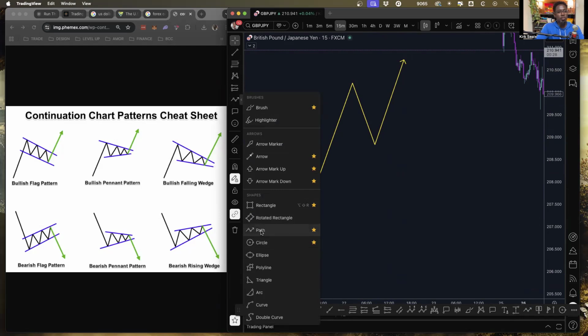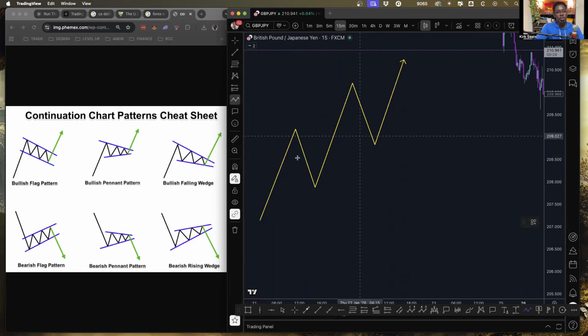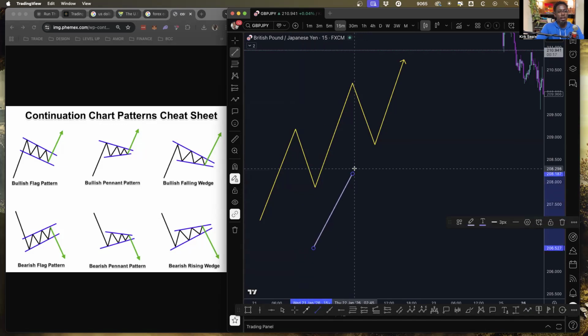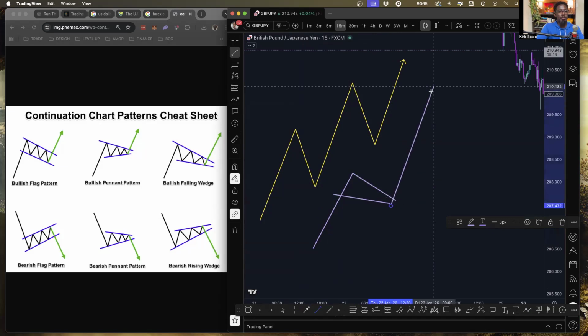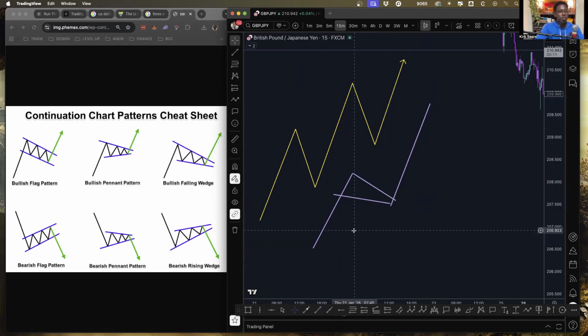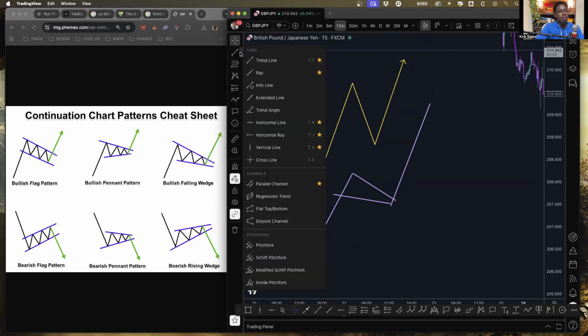That is going to be the tool that you want to use. That's going to allow you to just draw this shape on the chart. If you want to draw the lines, however, like what I was doing to indicate what the flag is, whether it's a wedge, a flag, or a pennant, then this is called a trend line. So that's going to be one icon down, and right here in lines, it's going to say trend line.